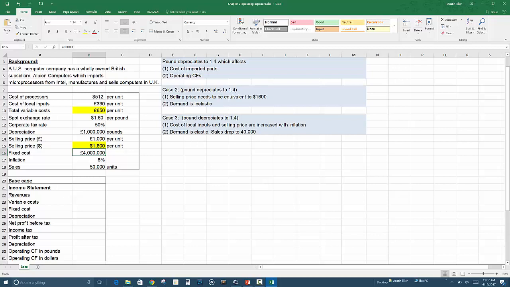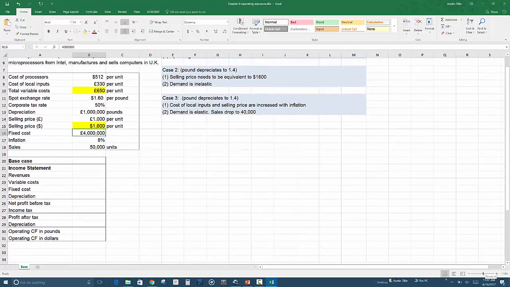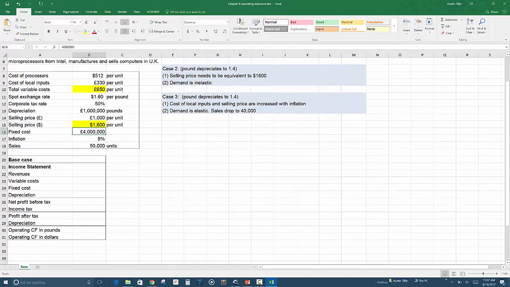Alright, we're going to look at these three cases, but anyway, let's finish the base case first, then we'll talk about these three cases. Alright, so let's take a look at calculating the cash flow. So from the base case, we calculate the revenue. We take total number of units of sales 50,000 from B18 times each one is £1,000, B14, so equal B18 times B14.